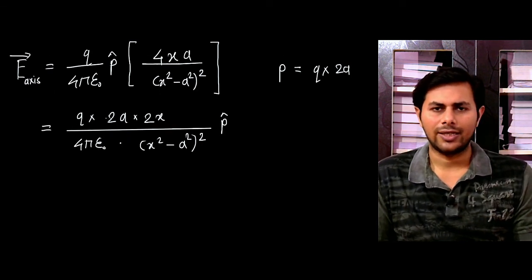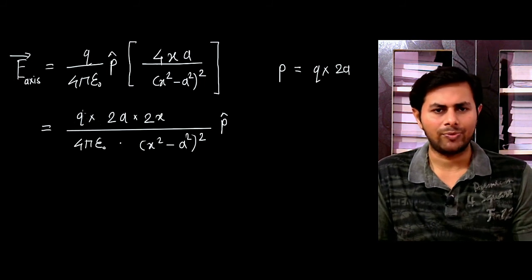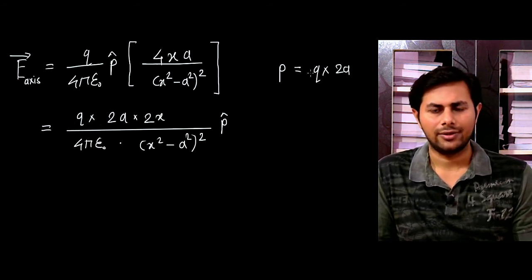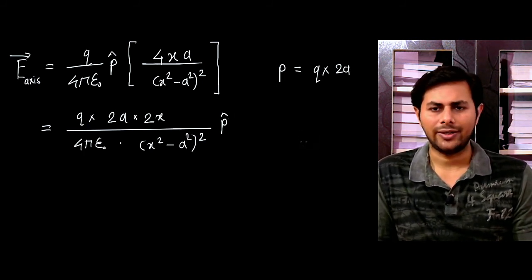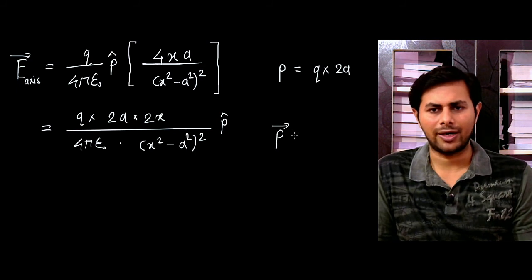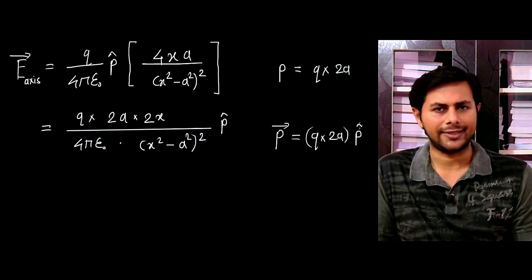And then we can see we have the magnitude of the electric dipole moment, which is q times 2a, and a unit vector in its direction. So we can replace this by p bar. Okay, so p bar is equal to the magnitude of the electric dipole moment, q times 2a, multiplied by a unit vector in that direction.